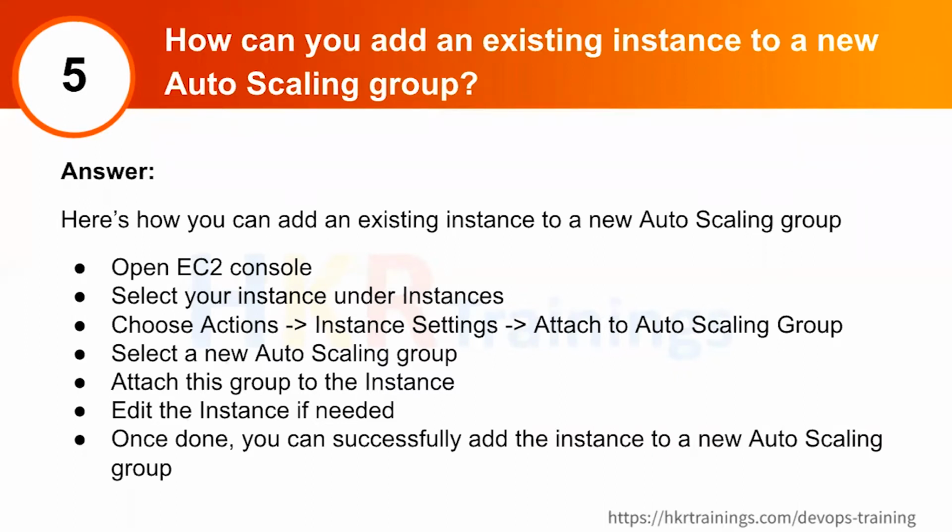Then you can edit the instance if you need to, for example, what kind of configuration is required for that instance. Once done, you can successfully add the instance to the new autoscaling group. That way, we can have autoscaling. We can create a new autoscaling group through the instance screen itself.